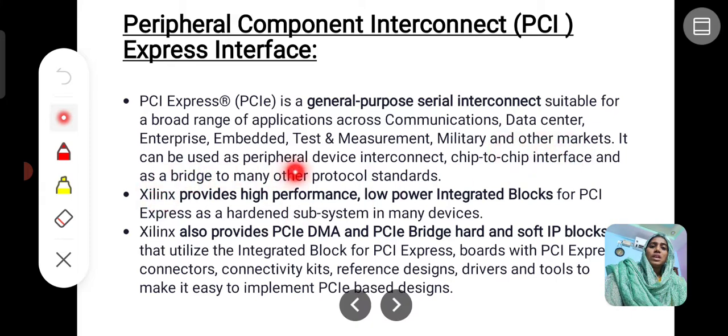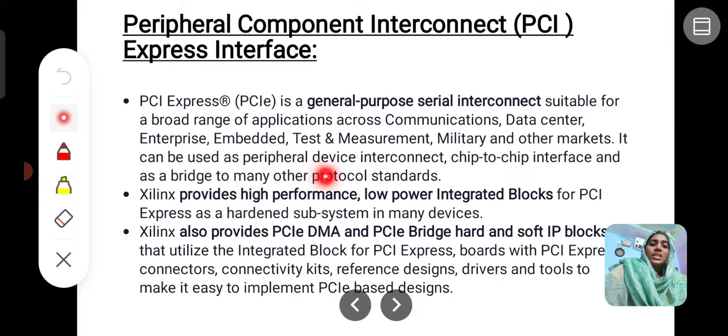It can be used as a peripheral device interconnect, a chip-to-chip interface, and as a bridge to many other protocol standards. The name itself indicates peripheral component interconnect. With the help of this, we can connect different input and output devices to the FPGA.